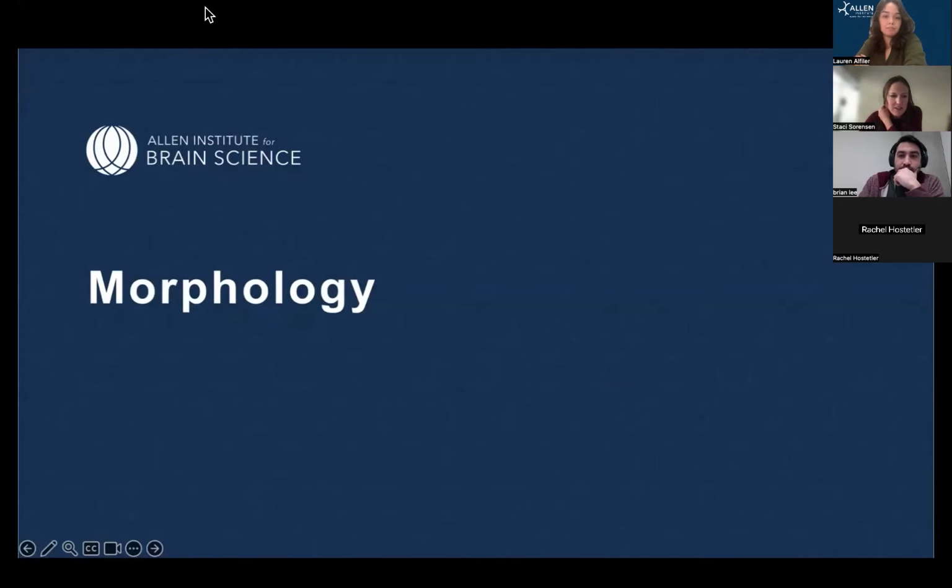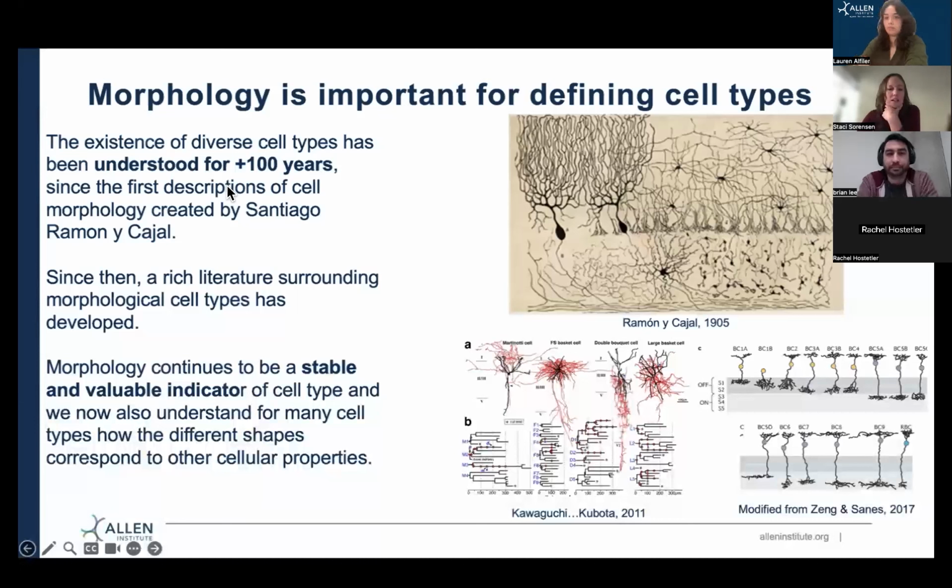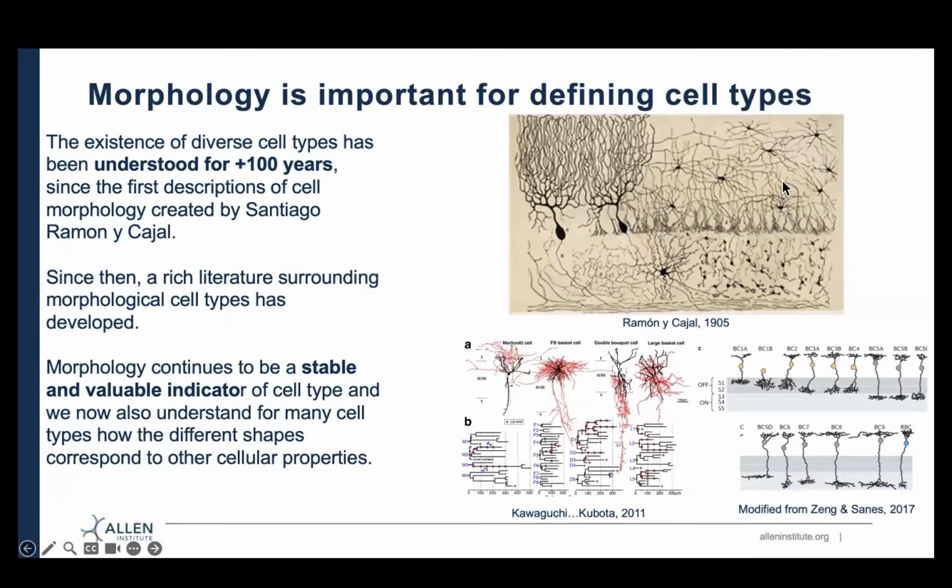Go ahead and advance to the next slide. Thank you. So the existence of diverse cell types has been known for more than 100 years, since the first descriptions of cell morphology created by Santiago Ramon y Cajal. An example of one of his iconic drawings that displays this is over here on the right.